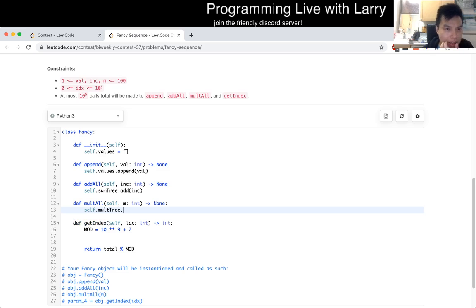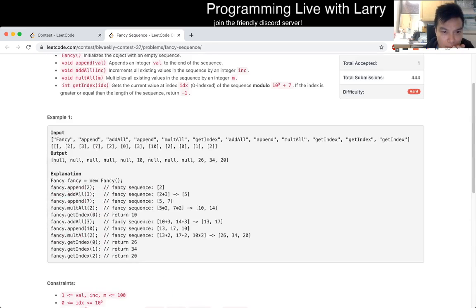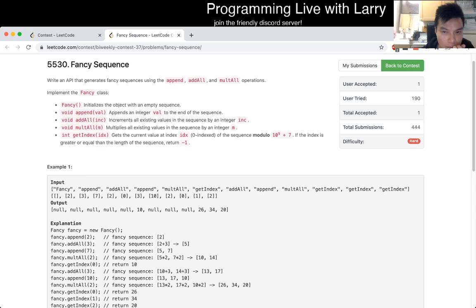Oh, the order matters, doesn't it? So you can't separate them out.